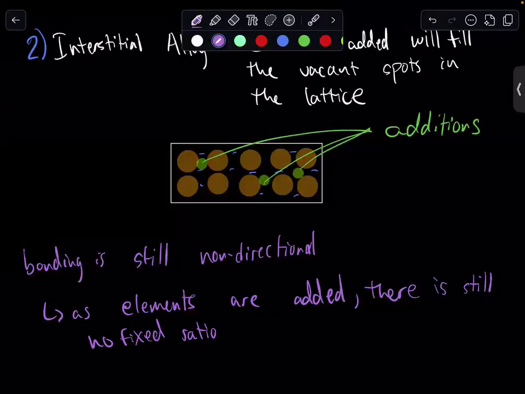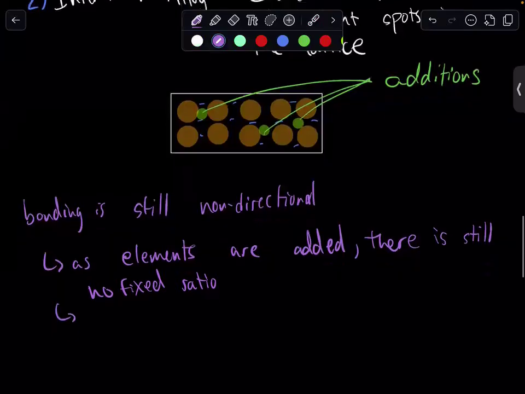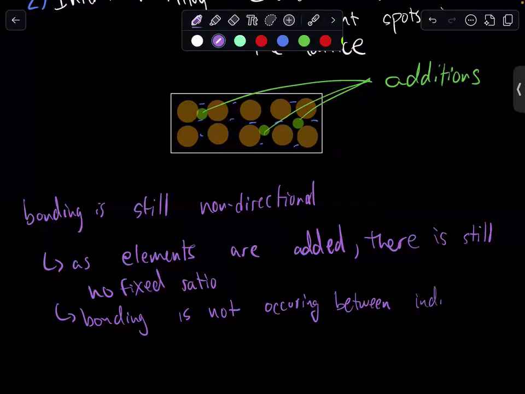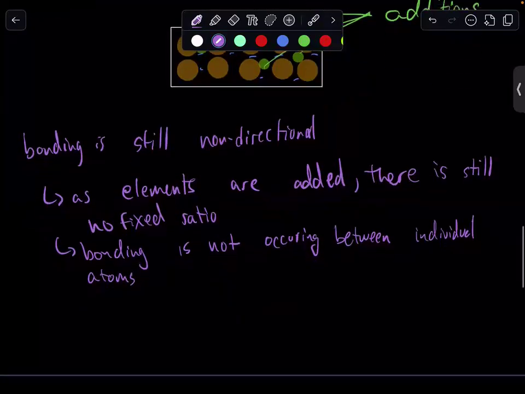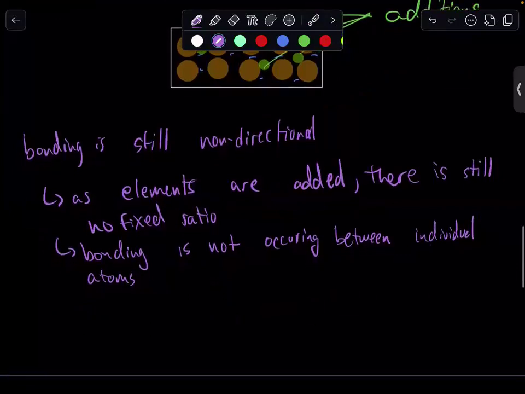So the key with this is that bonding is not occurring between individual atoms because it still holds that property of a metallic bond, which is between the lattice and the localized electrons.